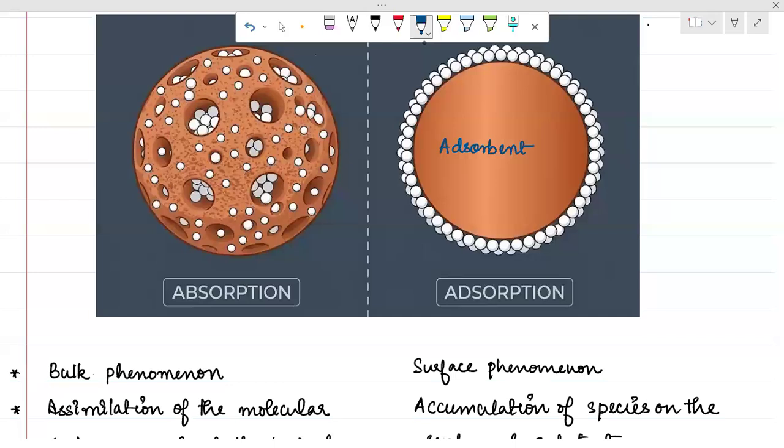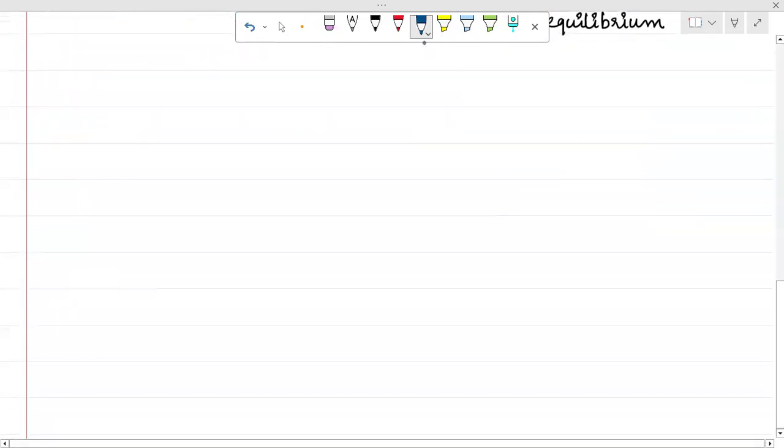So the white balls are being assimilated on the surface of the cream ball, and hence the component on the surface of which adsorption takes place is called adsorbent. And whoever is being adsorbed, that means these white balls, these are adsorbate. Okay, so let's note that down.